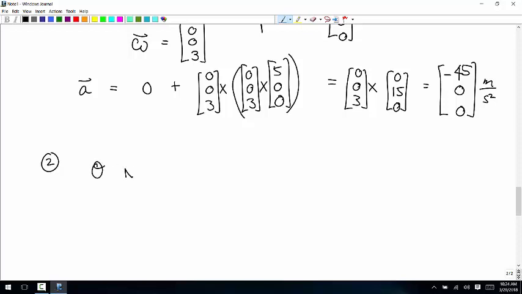So for this one, the origin is still not accelerating. But this time, the axes are rotating.